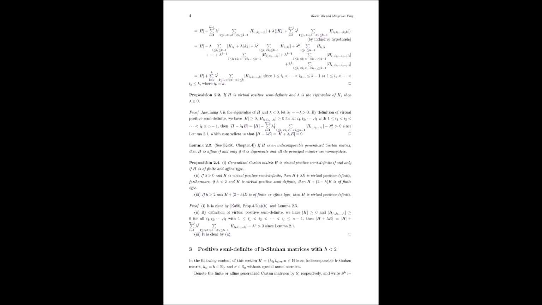And finally, we reach the last proposition in the paper, proposition 3.15. Yes. What's the grand finale all about? So proposition 3.15 provides a comprehensive classification of generalized Cartan matrices based on whether they're generalized positive semi-definite or generalized positive definite. It essentially lists out all the generalized Cartan matrices that fall into each category.